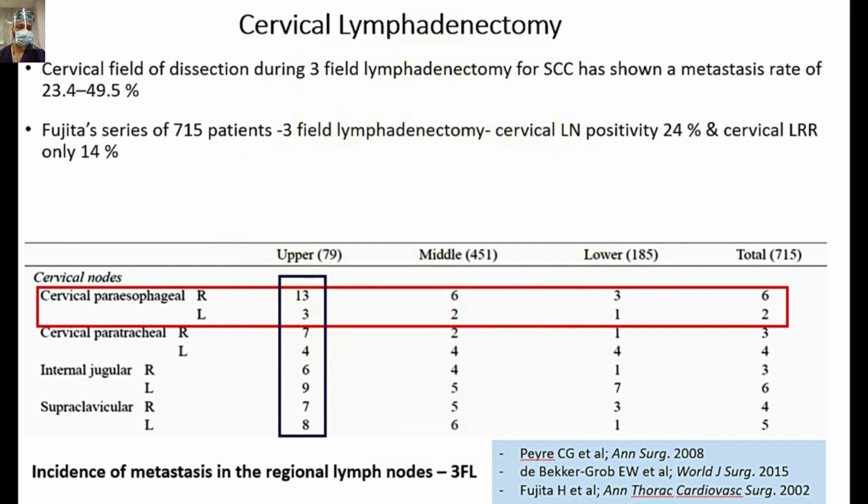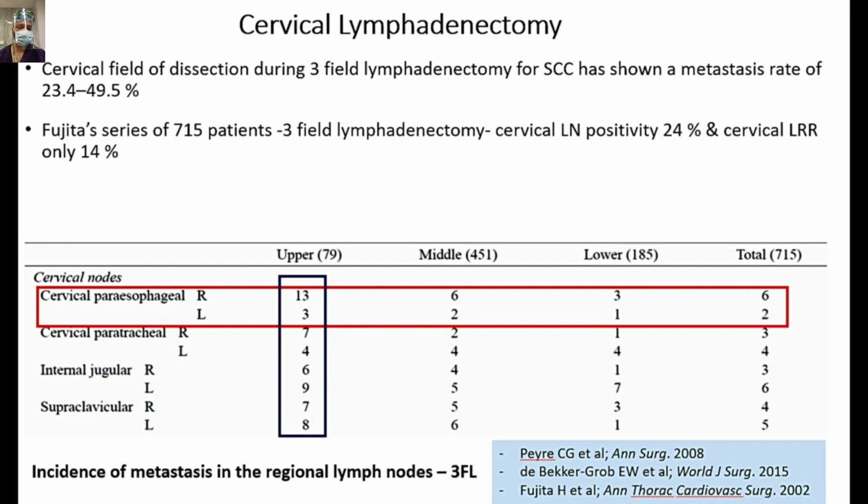So the incidence of metastasis in regional lymph nodes was higher, and they have grouped it as seen in this table: the incidence of recurrence in upper, middle and lower, given for right and left.